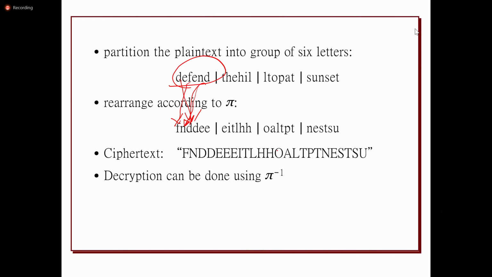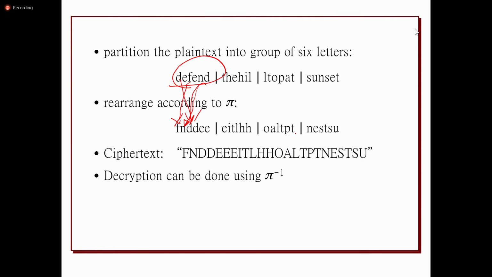Like that, within the block itself, based on the permutation, the alphabets will be rearranged, so that it will generate the ciphertext.